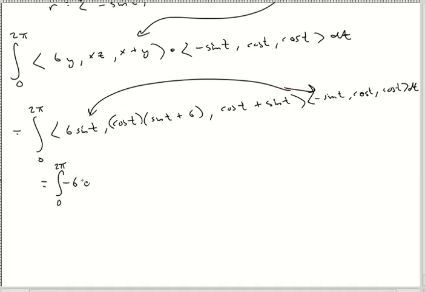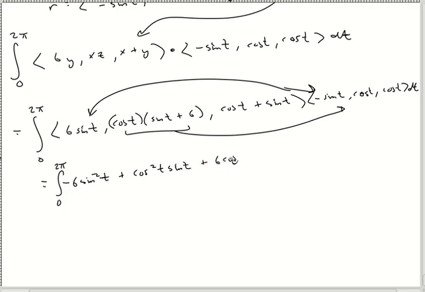So negative 6 sine squared t plus, I got this chunk multiplied by that guy. Notice that's going to be a cosine squared. So I'm going to have a cosine squared t sine t plus 6 cosine squared t. And then finally these guys and this thing, put them together. No comma needed. I don't know why I have a comma there. Let me erase it.